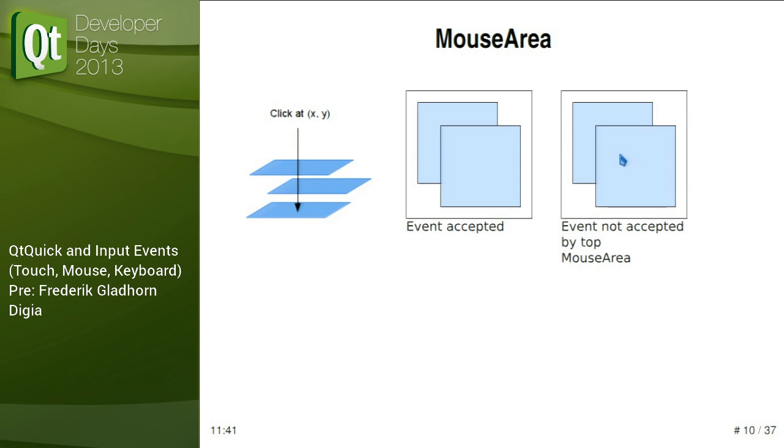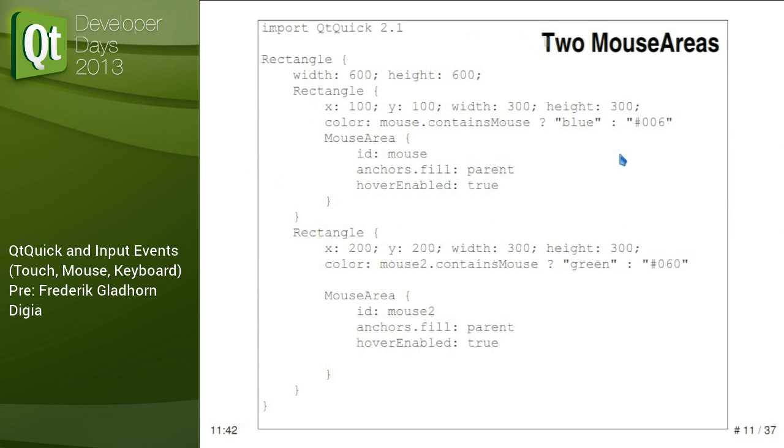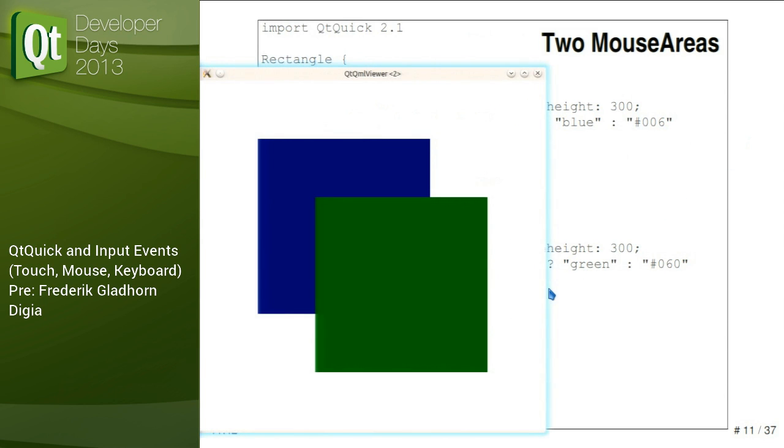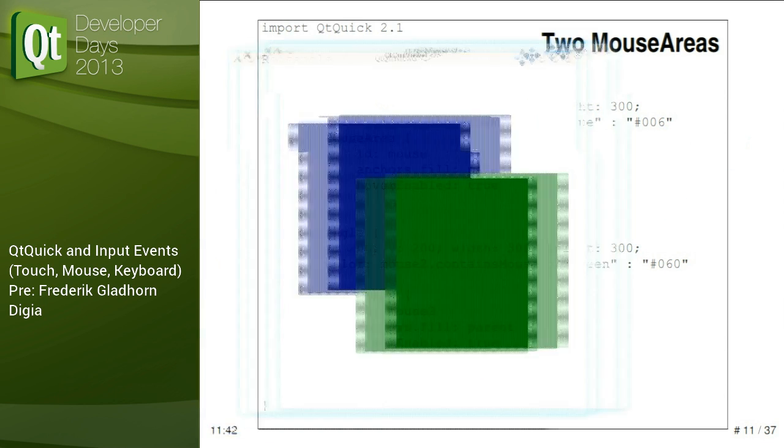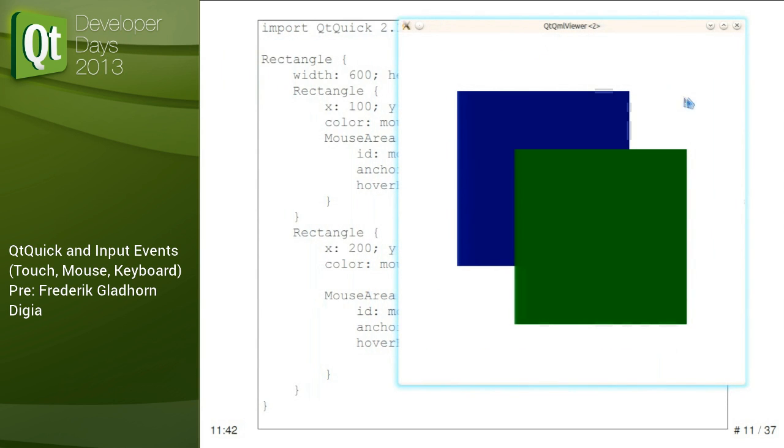And again, this is very similar to touch events. I'll come to that. Then if I have 2 mouse areas, there's another interesting thing to keep in mind, that the hover event will also only reach the first mouse area.